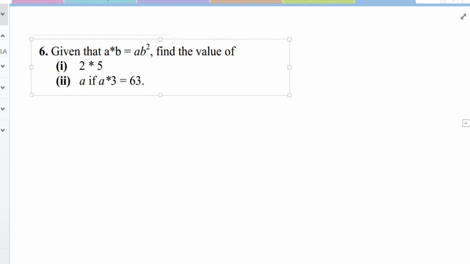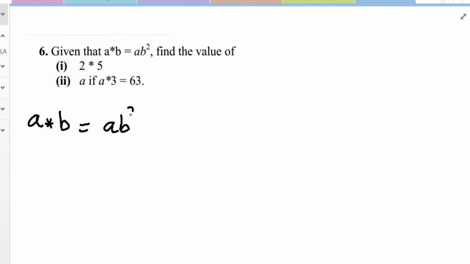Moving on. Given that a asterisk b is ab squared, find the value of 2 asterisk 5. So a operation b is ab squared. So when they say find 2 asterisk 5, they are simply telling us that our value of a is 2 and our value of b is 5.